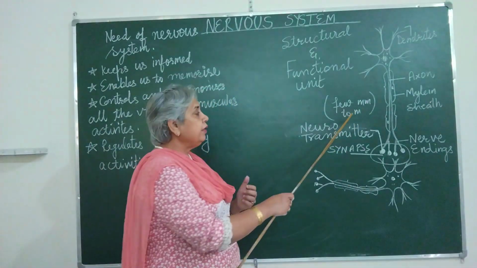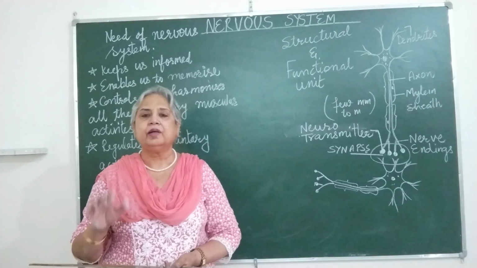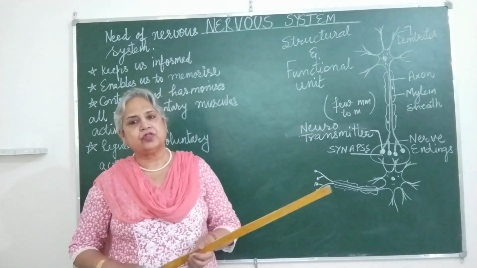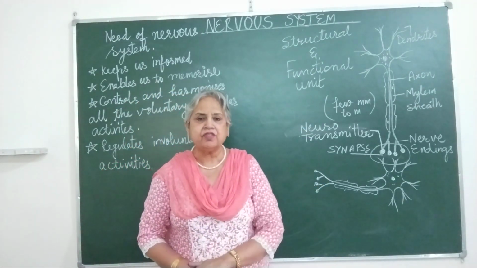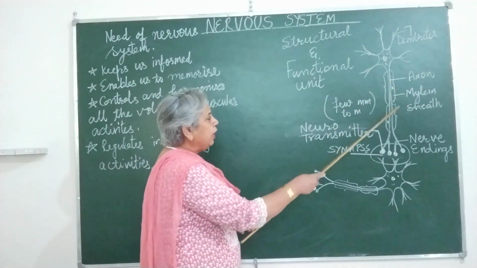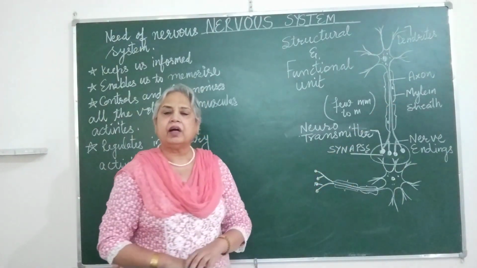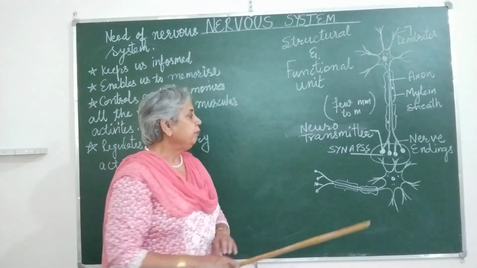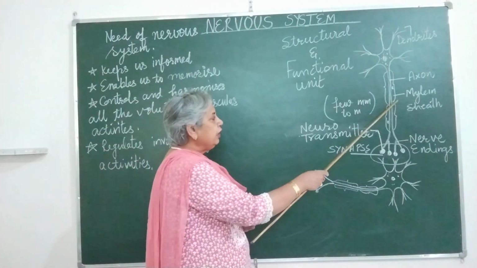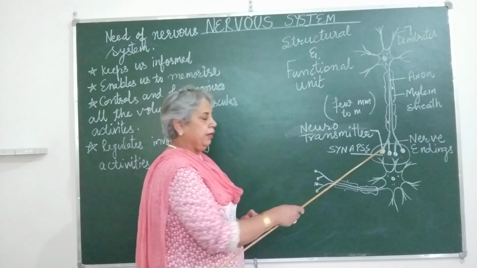It is just because of the change in the sodium-potassium ionic balance inside and outside, which is beyond the scope of your syllabus. So this axon, which is covered by myelin sheath, there are certain gaps between the sheath. These are the nodes of Ranvier. Okay? Insulation is not there. So nerve endings and these bulbs.